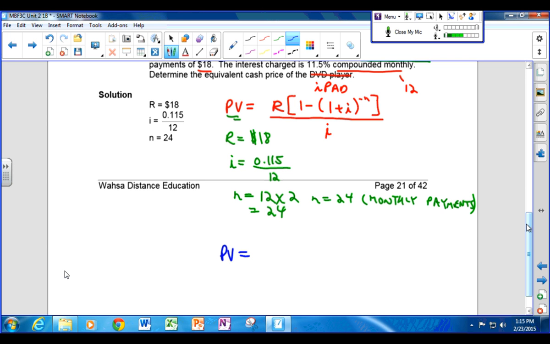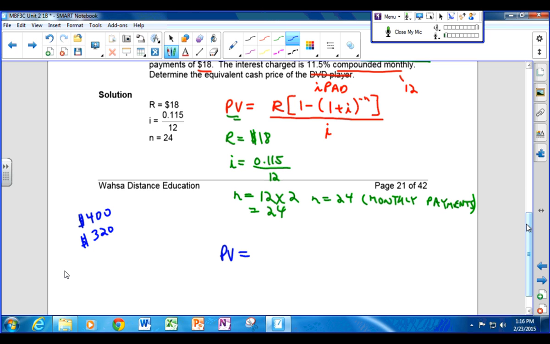That would help you decide if they have a sign on the iPad that says you can buy this now for $400, or a sign that says you can buy this right now for $320. Then you know how much you're going to pay for the payments, and you could decide which one's a better value.